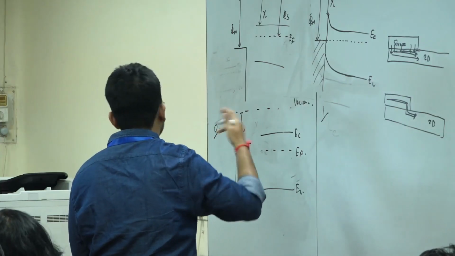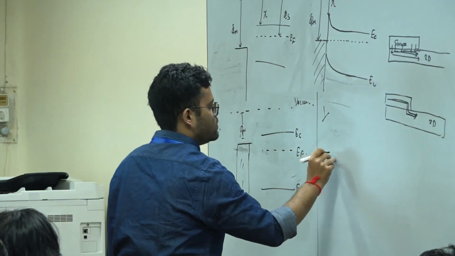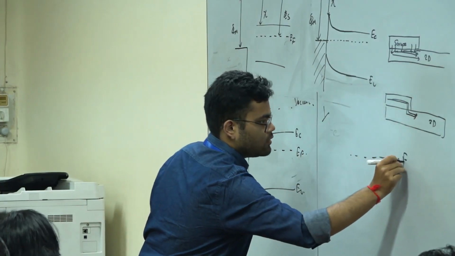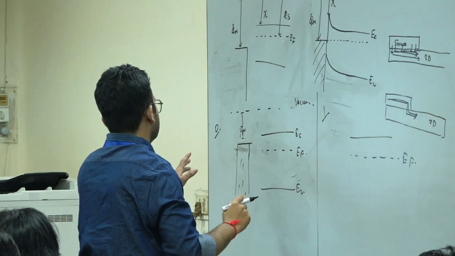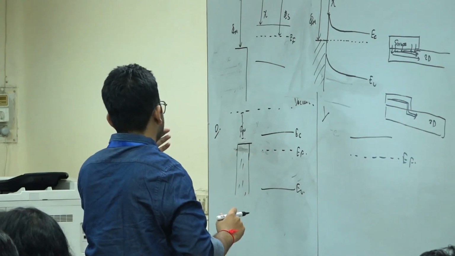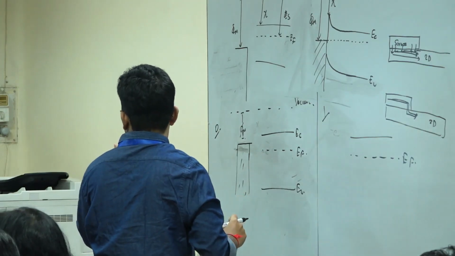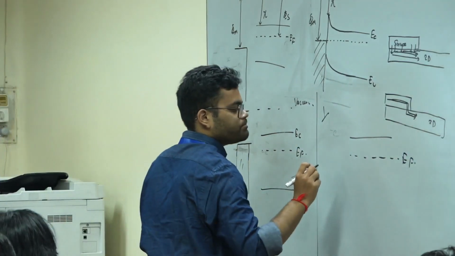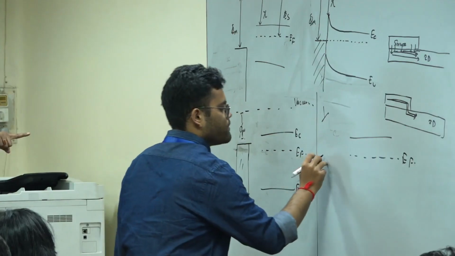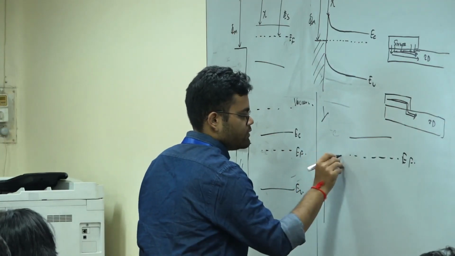Fermi level is same throughout. Correct. So you draw the Fermi level first. Very good. Then you draw the metal, assuming that that is my reference. Because metal is at the Fermi level, right? So that is my Fermi level. Correct.